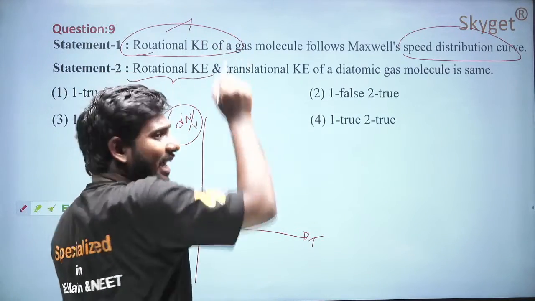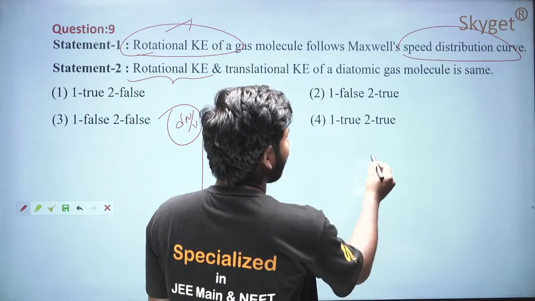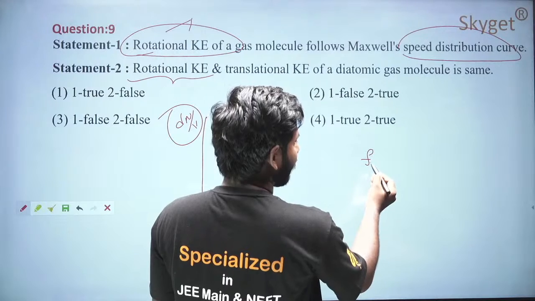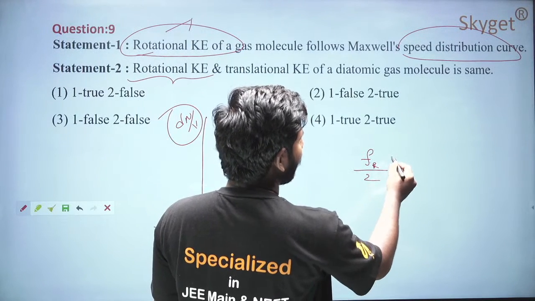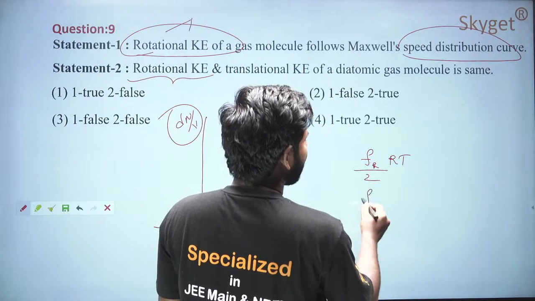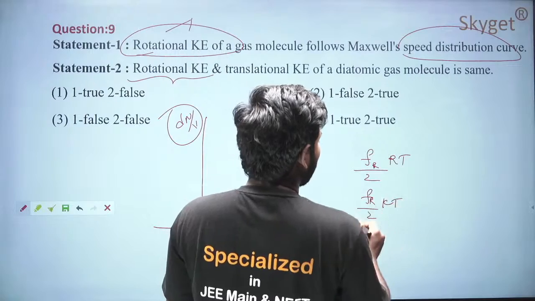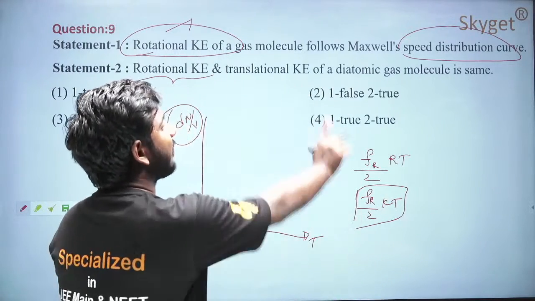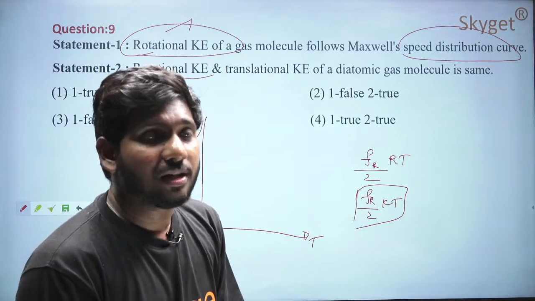The rotational kinetic energy is nothing but rotational degrees of freedom by 2 into RT for moles, or otherwise rotational degrees of freedom by 2 into kT for molecules. Similarly, for diatomic molecules, what are the rotational degrees of freedom, students?